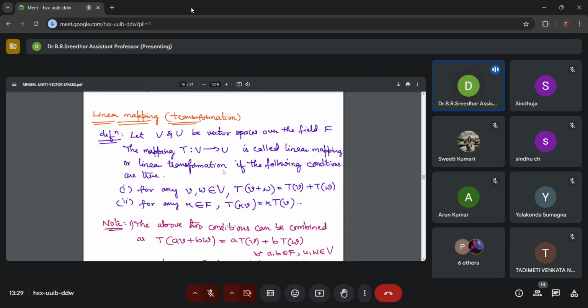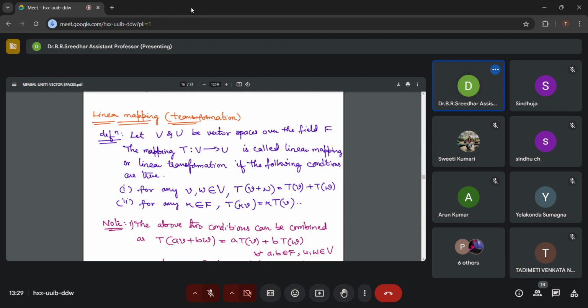You can think of V as one vector space containing two values v and w, and I am mapping this to the set U, where I call the elements U1 and U2. v is mapped to U1, which I call T of v. w is mapped to U2, which I call T of w.